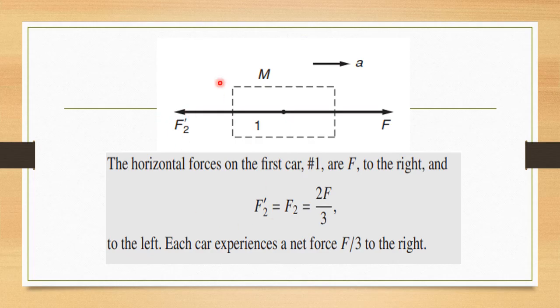This is the value of F2 dash in the left direction. Therefore, each car experiences a net force F by 3 to the right. So the net force F is divided among the 3 cars, for which each car experiences a net force of F by 3 to the right.